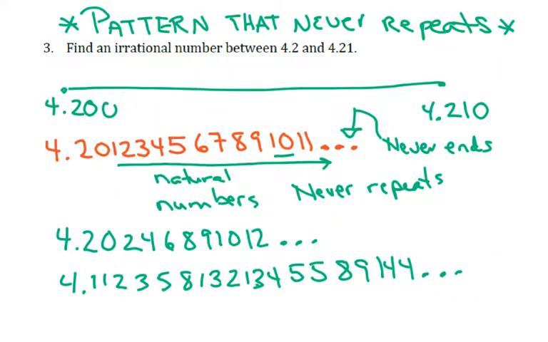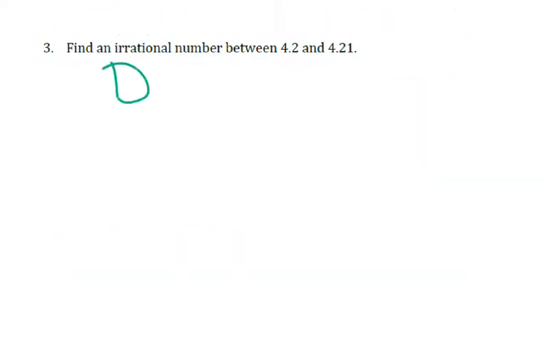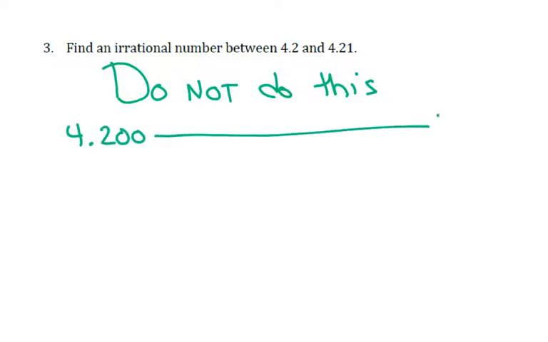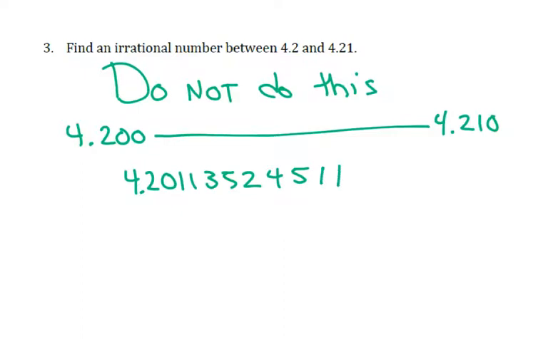Now, I'm going to give you an example of something not to do. Sometimes people start off correctly by adding a 0 and then they just go 4.2011355, some kind of just writing down some digits and then put a dot dot dot on there.